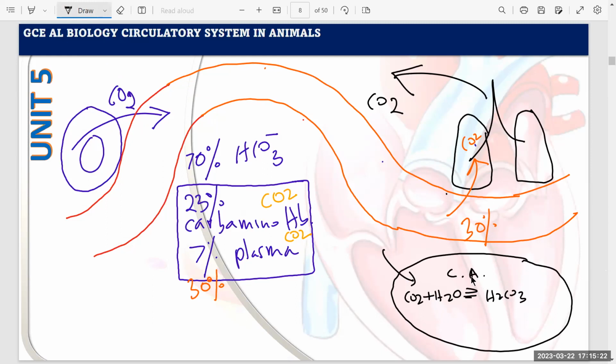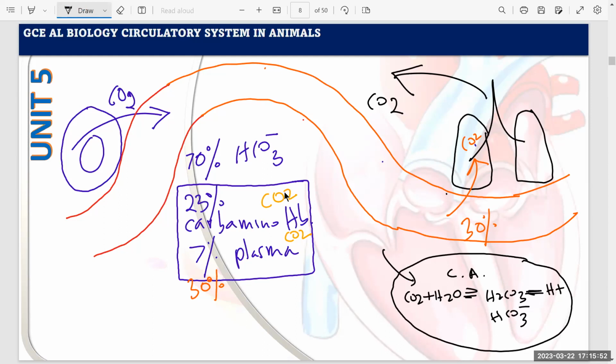It is an extremely fast reaction because carbon dioxide is toxic in the body. Carbon dioxide should quickly convert into carbonic acid, and carbonic acid dissociates into hydrogen ion and bicarbonate ion.